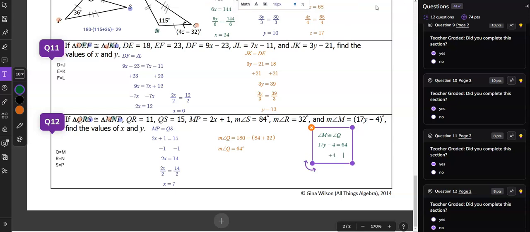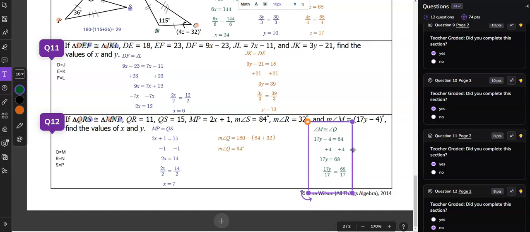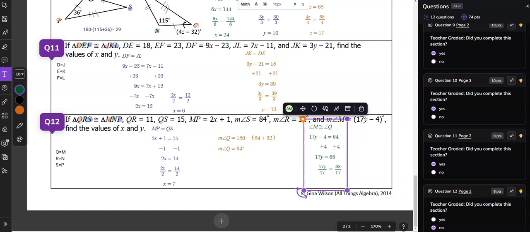We'll be done in just a minute. Some of you are getting bored, and that's okay. All right, so that gives me 17y is equal to 68. I will then divide both sides by 17. And when I run that through the calculator, 68 divided by 17, I got y equals 4.